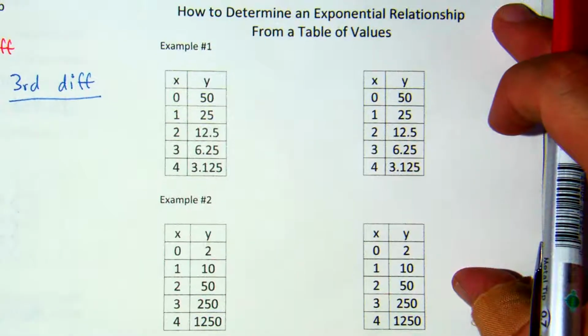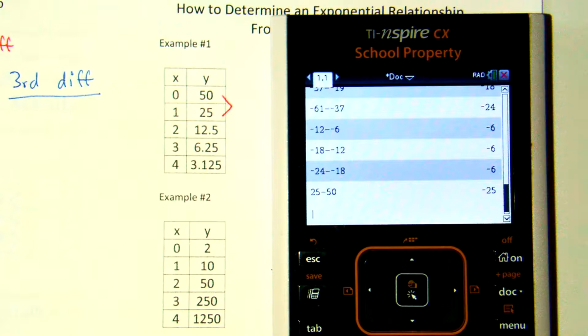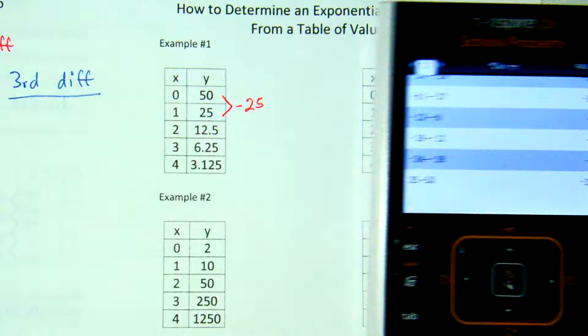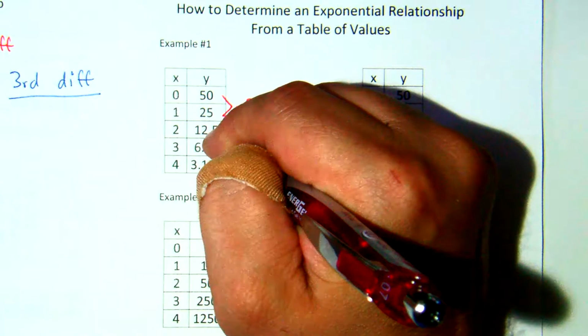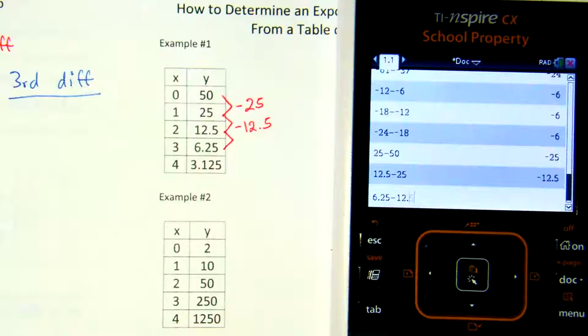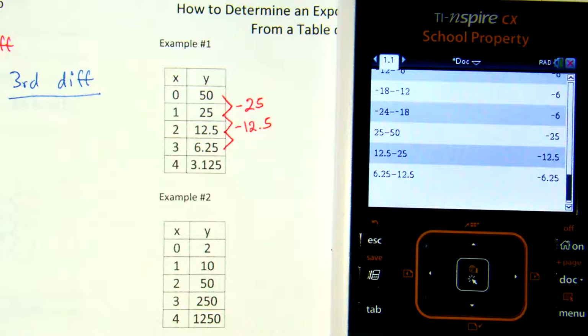Recall that if we find the difference from here, 25 minus 50 is negative 25, 12.5 minus 25 is negative 12.5, and 6.25 minus 12.5 is negative 6.25.